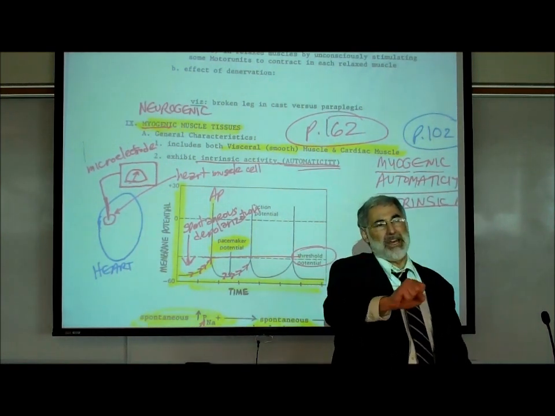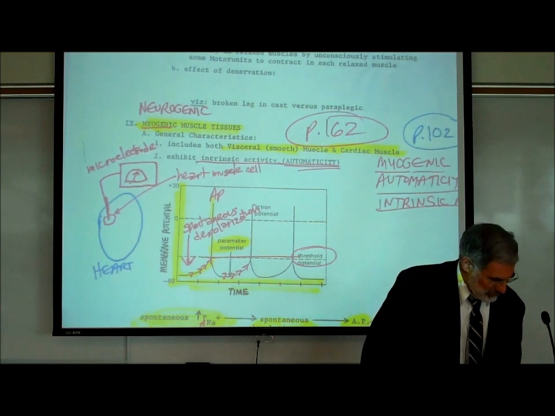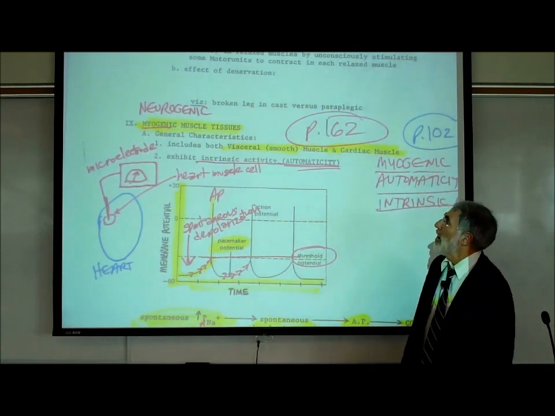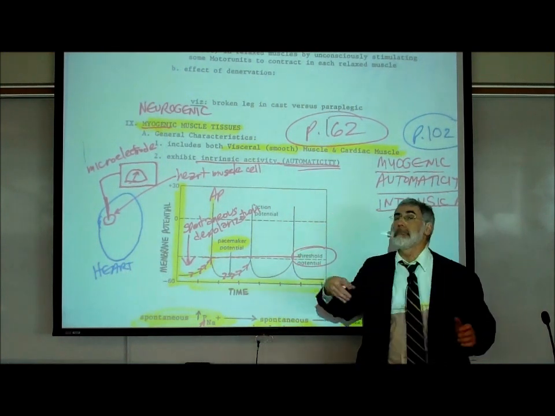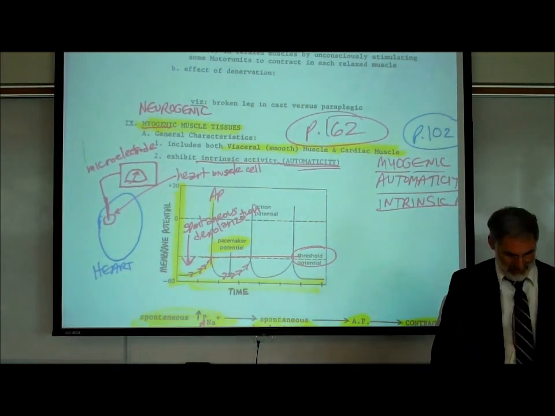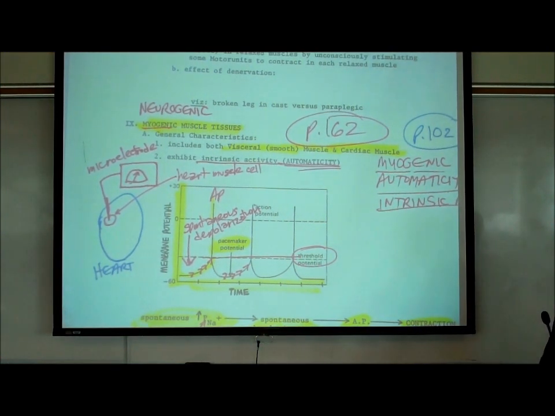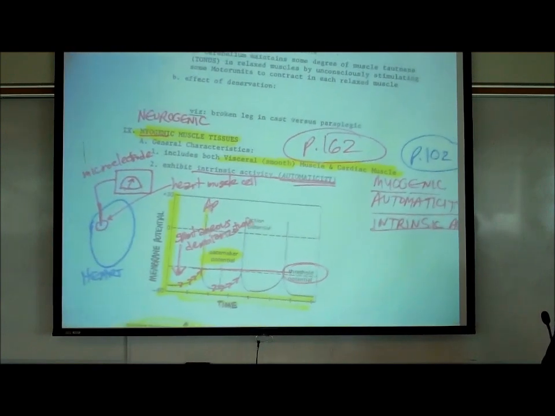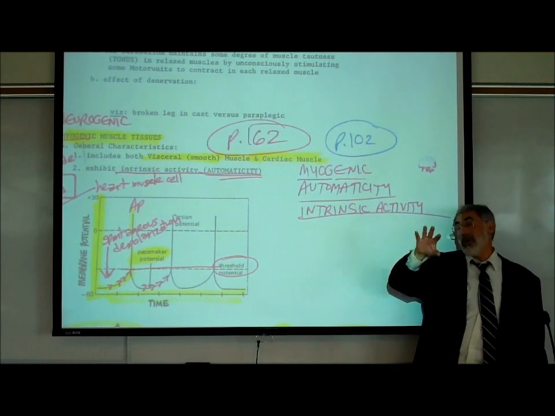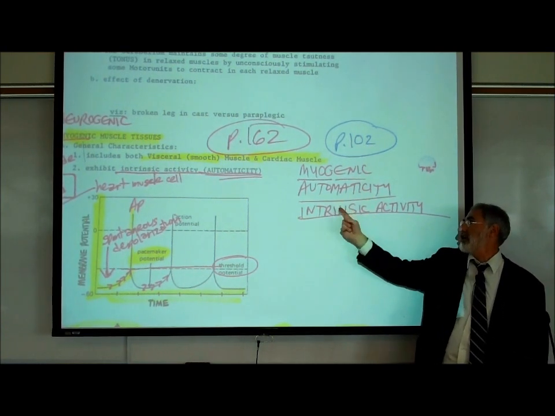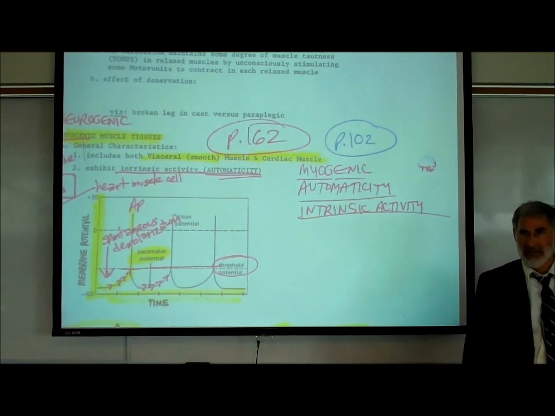That means they depend upon the nerve supply. Heart muscle cells and visceral smooth muscle cells are myogenic. In fact, there are 3 terms that basically all mean the same thing. We originally wrote them all on page 102: myogenic, automaticity, or intrinsic activity.